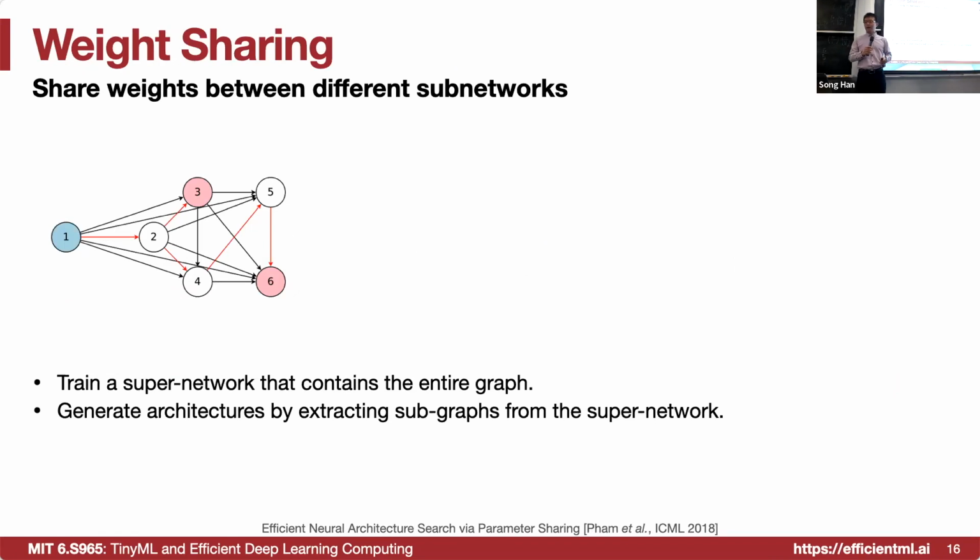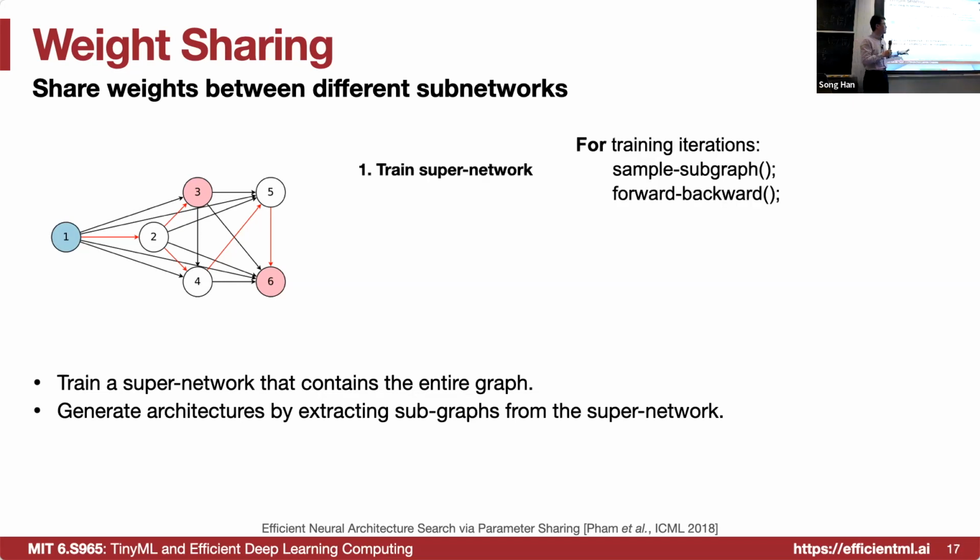So, all right, another widely used idea is weight sharing. Rather than keeping every weight independent, so you have to train them from scratch all the time, what about we share the weights between different subnetworks? We can train a super network that spans the entire graph, all the possible connections, like node 1 can be connected to 3, 5, 2, 4, 6. So we connect all the dots here, and then we generate the architecture by extracting subgraphs from the super network.